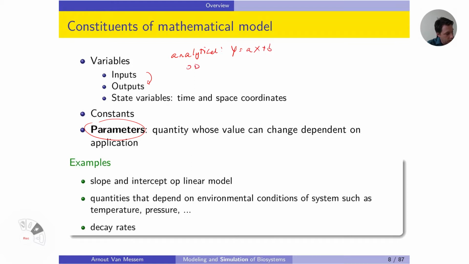You can have ordinary differential equations of the type ds/dt is some f(s) minus k times s, or you can also have partial differential equations, where, for example, you could have the heat equation: ∂u/∂t is alpha times the second derivative with respect to each of the coordinates.